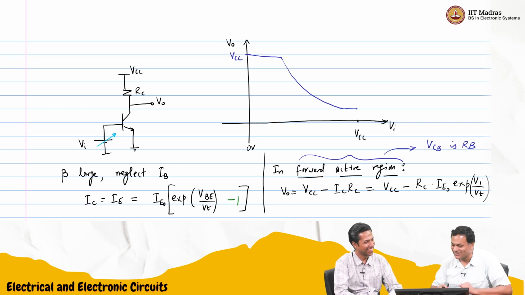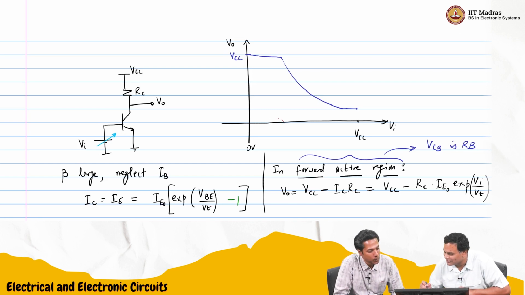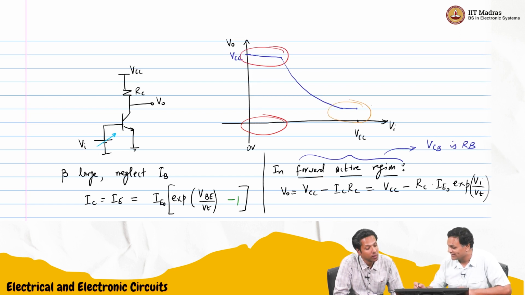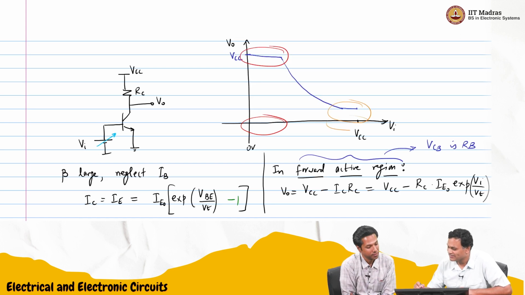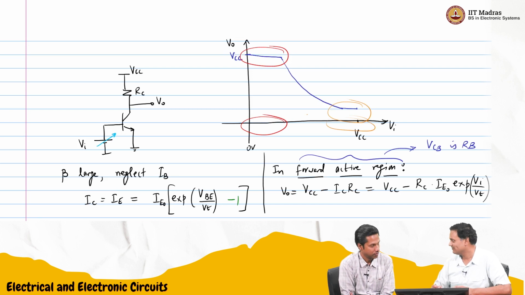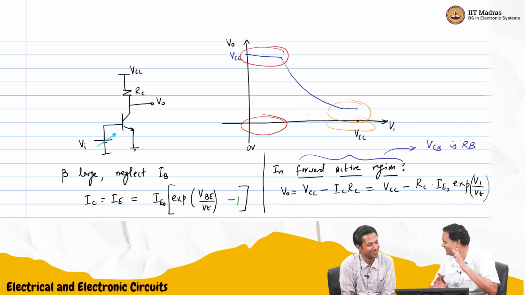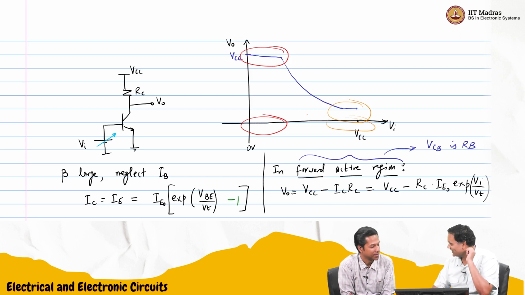It is not a perfect inverter, but when the input is low, the output is high, and when the input is high, the output is low. So we are basically seeing a very cheap inverter, or an easy inverter.